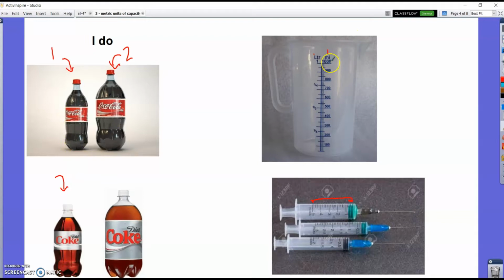So milliliters are small. You'll see containers like this where they're marked, 1 liter is 1,000 milliliters. If you think about this being broken into 1,000 units, a milliliter is really not much at all.